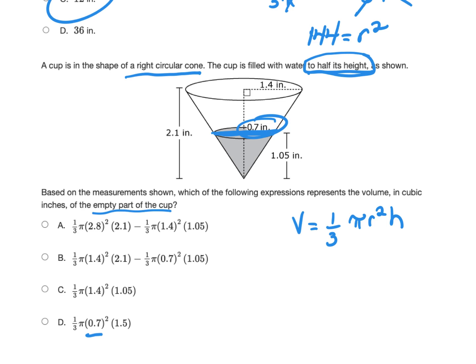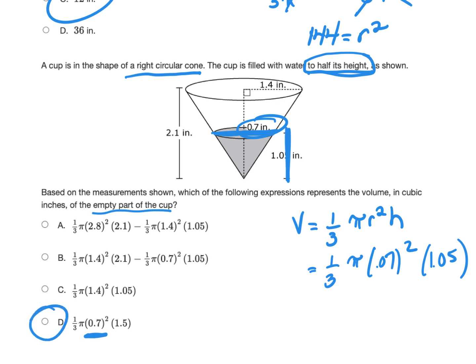I only see a 0.07 here. And it matches our formula, 1/3 pi 0.07 squared, and the height is 1.05. That's half. So all this other mess we got going on here, it's just extra.